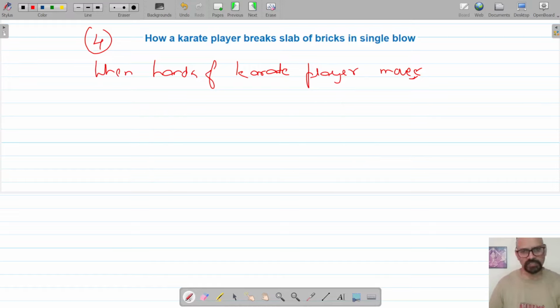So when the hand touches, let's say, the slab of bricks or the ice, the velocity is brought down to zero in a very short span of time.